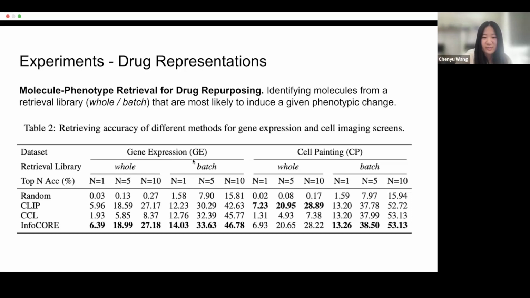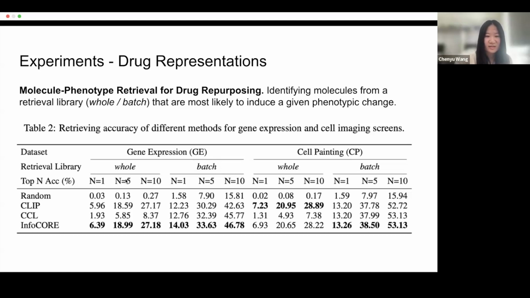So if a model only learns batch effect, it may still have good performance in the whole library, because it can propose the retrieved one based on a random sample of the drugs from the same batch. However, its performance in batch would be very bad because it can't utilize the batch features as a shortcut.